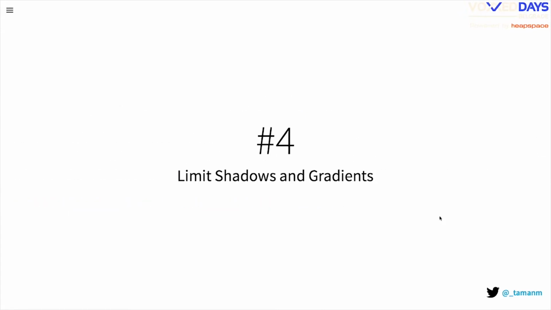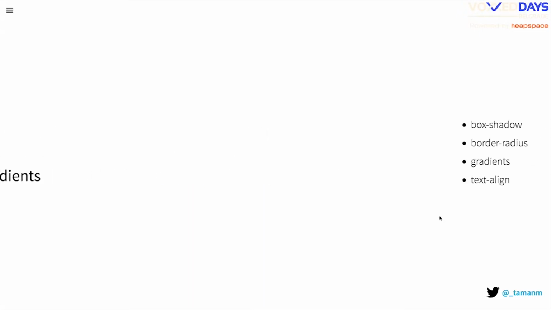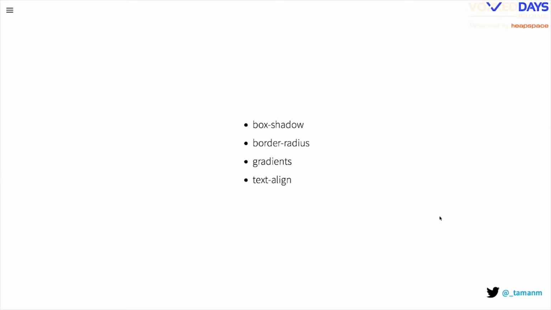When you use CSS, try to limit shadows and gradients, because they are very harmful. Why? Because of reflows. You're going to see what reflows are. Try to avoid using something like this, but if you need it, you can use it, but not too much: box shadow, border radius, gradients, and alignment.